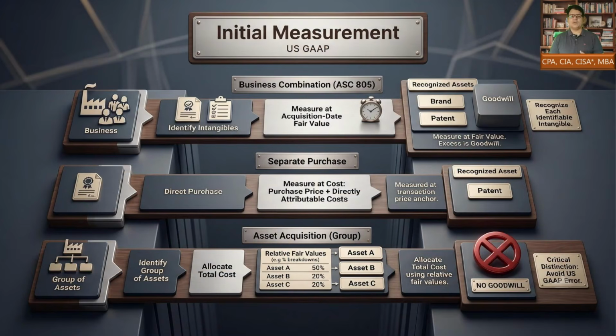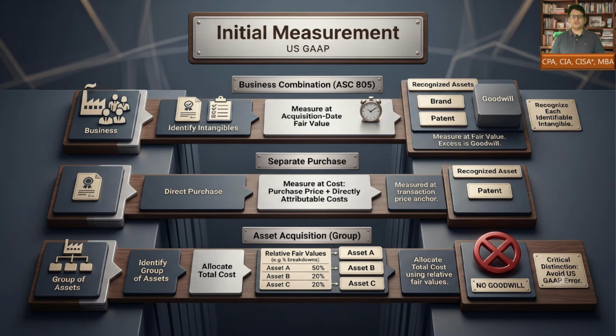Initial measurement requires fair value discipline. In a business combination, each identifiable intangible asset is measured at fair value on the acquisition date under ASC 805. In a separate purchase, the purchase price and directly attributable costs usually provide the measurement anchor.